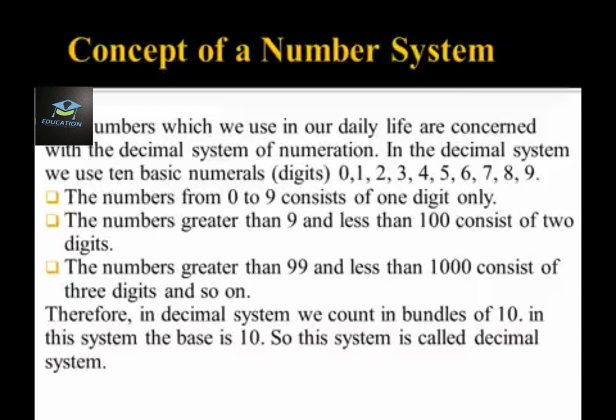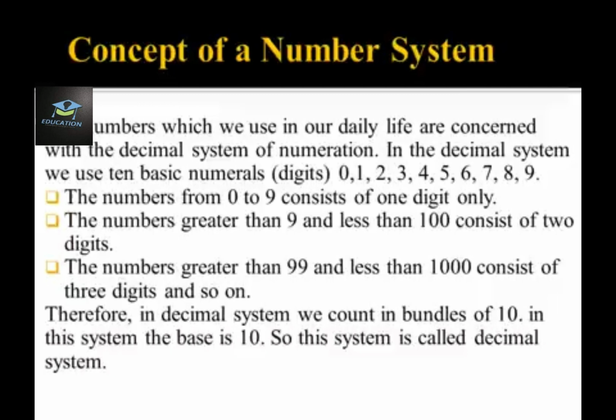The numbers greater than 99 and less than 1000 consist of 3 digits and so on. Therefore, in decimal system we count in bundles of 10. In this system the base is 10, so this system is called decimal system.